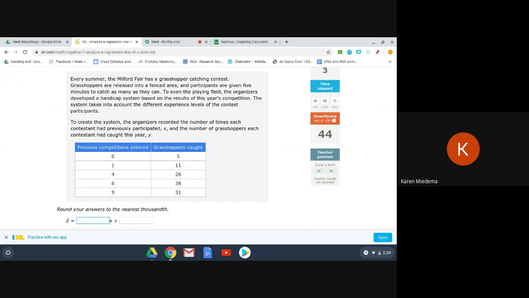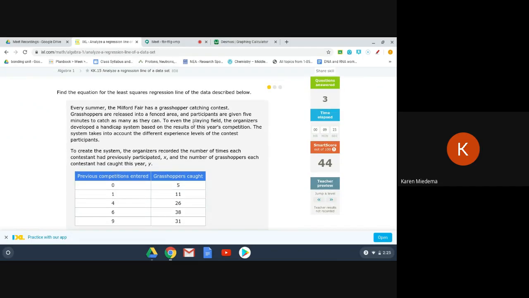Okay, I'm going to do another problem with you. Let's go ahead and read this one together. It says, find the equation for the least squares regression line of the data described below. Every summer, the Milford Fair has a grasshopper catching contest. Grasshoppers are released into a fenced area, and participants are given 5 minutes to catch as many as they can.